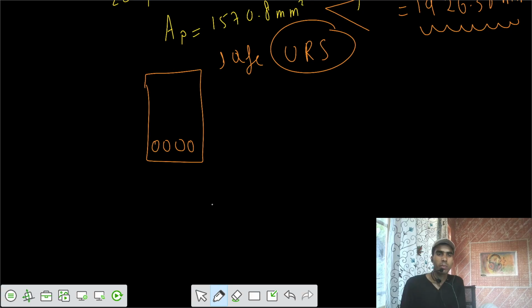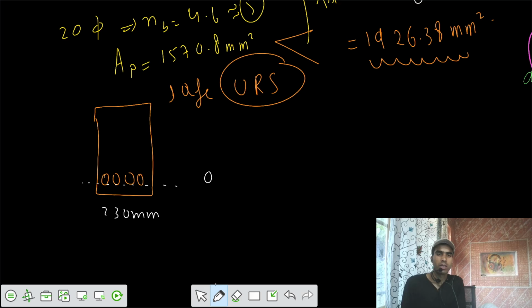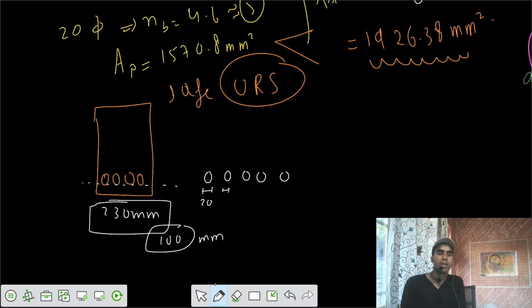Your bars won't be placed freely, actually. You have a width of 230 millimeters. If you are placing bars of 20 millimeters diameter, 20, 20, 20, and we are placing 5 bars, that means the diameter of one bar is 20 and 5 bars account for 20 into 5, so 100 millimeters is already accounted. Out of the total 230 width, 100 is occupied by steel only.